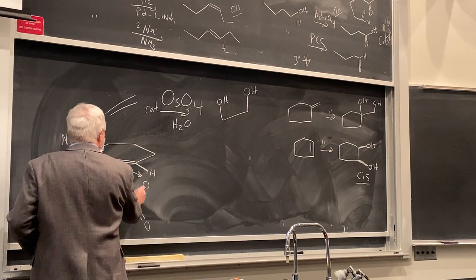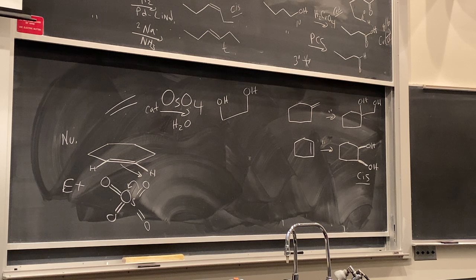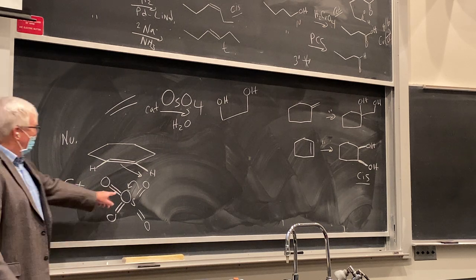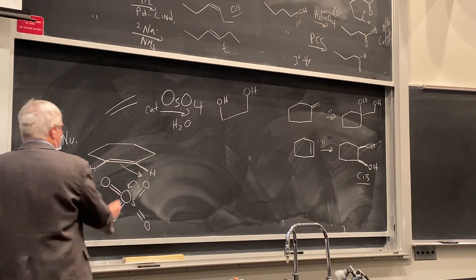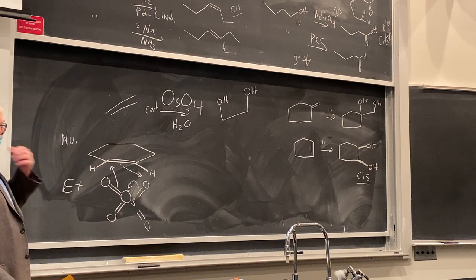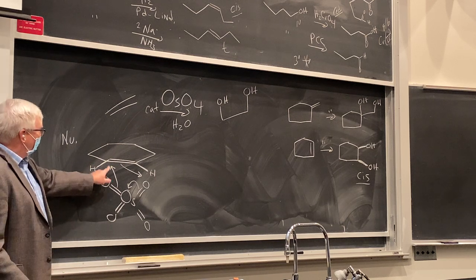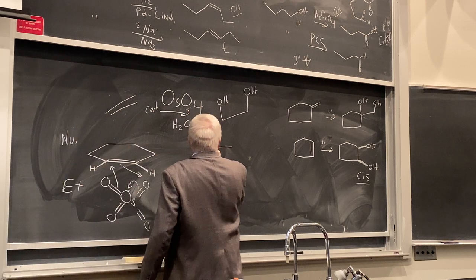Well, what does that do? That pushes the electrons down into osmium. So if you just looked at that part, you'd say, okay, I can see the osmium gaining electrons, getting reduced, okay? And then this can liberate these electrons to go up from the same bottom face there to put the oxygen on that carbon. So let's see what that looks like.